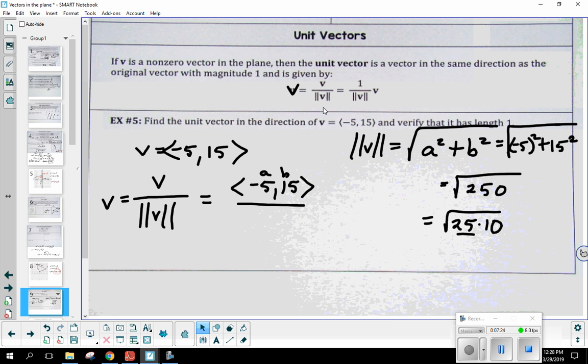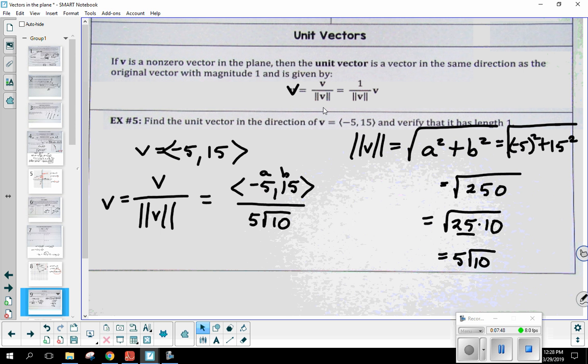We don't want that. So this is going to be 5 square root of 10, right? So that's my magnitude. So all I'm going to do is come back over here in the formula for my denominator. I'm going to put 5 square root of 10. Okay. So now all I have to do is simplify this, and I've got what's called a unit vector.